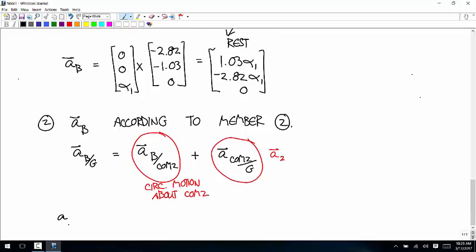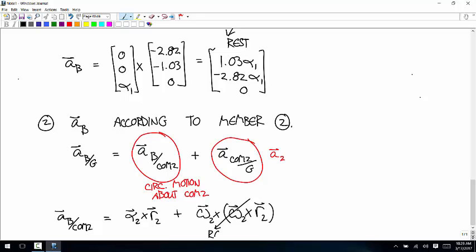So the acceleration of B relative to the center of mass of 2 is equal to alpha 2 cross R2 plus omega 2 cross quantity omega 2 cross R2. And again, it's at rest, so that all goes away.